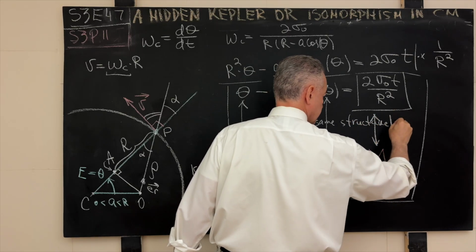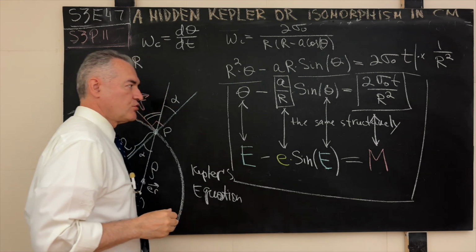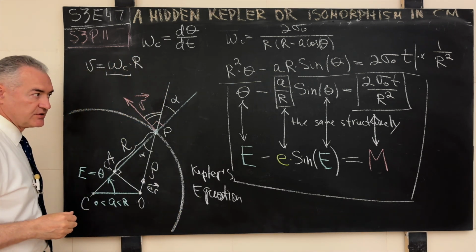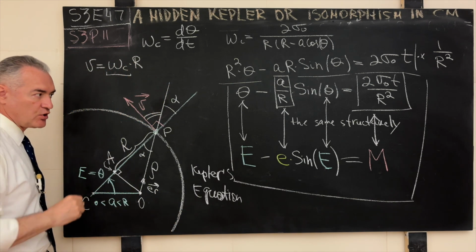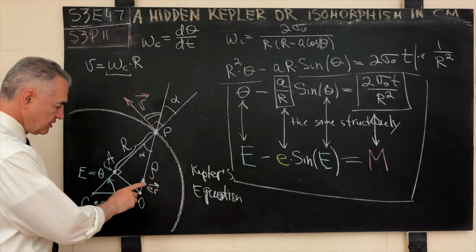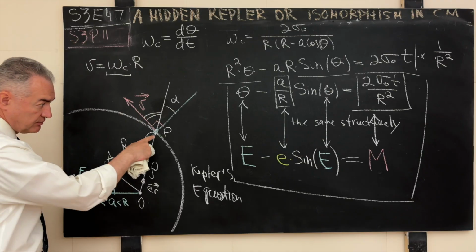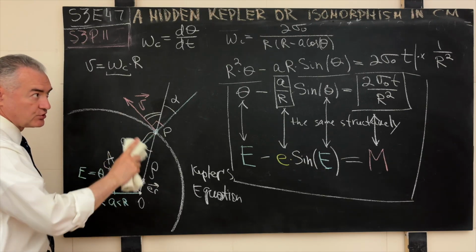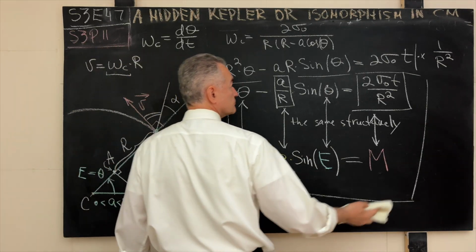Structurally, but by the look on your face, I can judge that you're not entirely convinced. So for that purpose, we bring in Newton. How would Newton compute the areal velocity of the point P on the circle? Well, this is how.